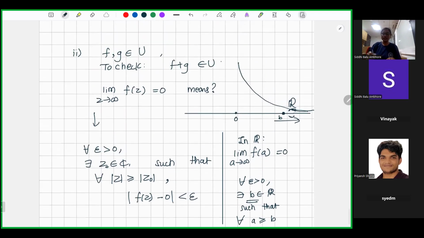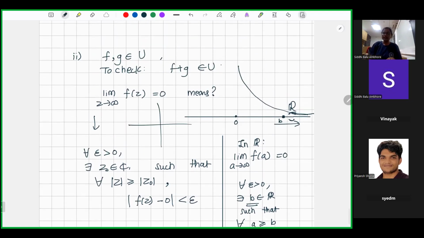C is the whole plane, and something going to infinity is not very clear to understand, because all these points are at infinity if you look at it. I hope it makes sense what I'm trying to say here. In R, when we say that something goes to infinity, it either goes to plus infinity or minus infinity, and it is easy to understand.